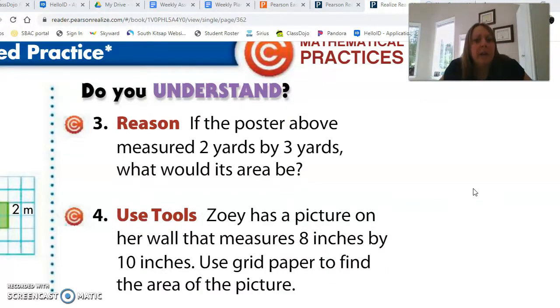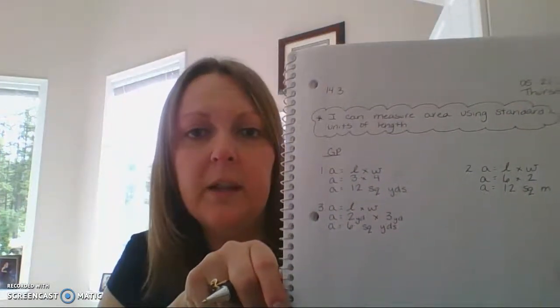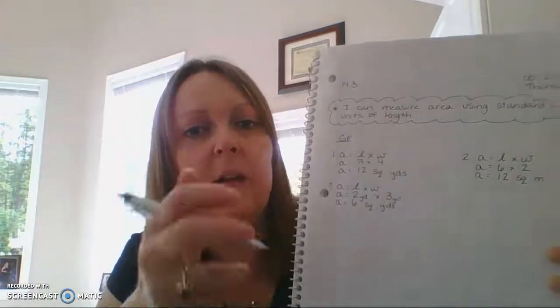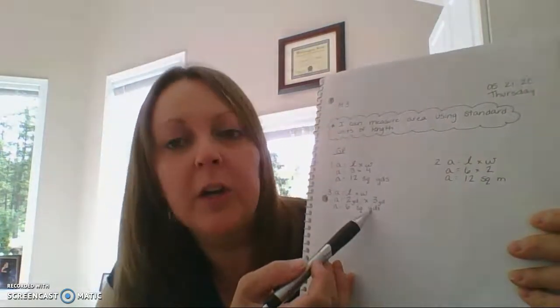What would its area be? Well, I know that 2 times 3 is 6 square yards. And again, it's the same thing. It's having that formula of length times width and then filling in the numbers for each variable. So the area would be 6 square yards.